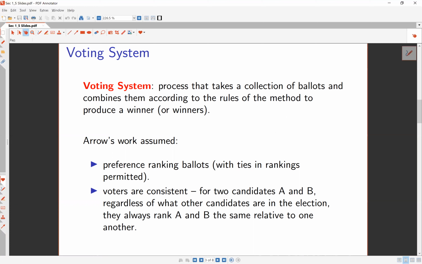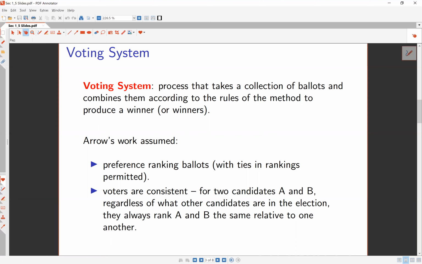We could have an election, say, where the top two finishers are declared winners, for example. But a voting system is just any process that takes ballots, combines the information on those ballots using a specific method, and results in having a winner declared at the end.